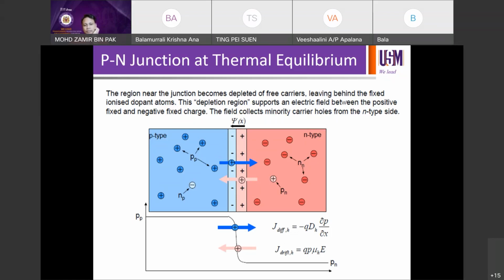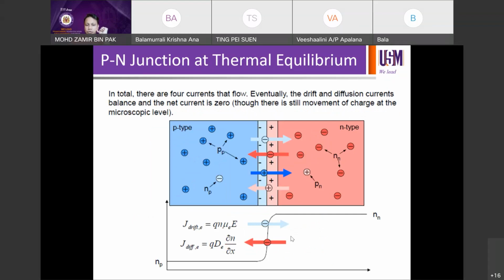So the current that you're going to have is associated with the movement of the carriers. If you look at the contribution of holes saja at this point, the diffusion of holes is given by negative QD dp/dx, and the drift of holes due to the presence of the electric field across the junction is given by Q p mu_h E. Okay, that's what we learned in carrier transport phenomena, contribution from diffusion and drift.